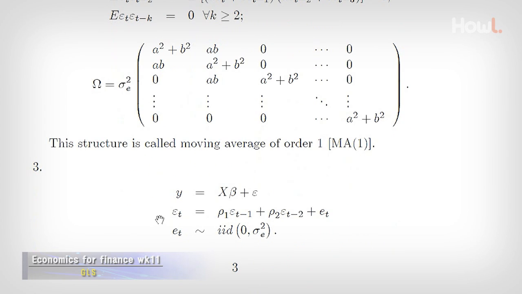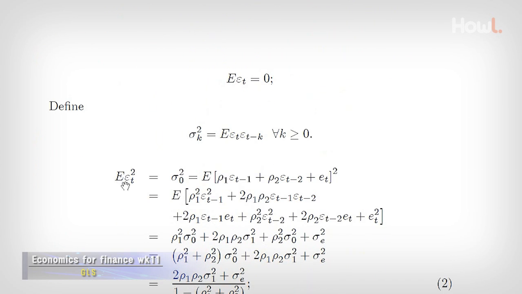Now this model is interesting. So y is expressed plus epsilon, and now we have epsilon t, epsilon t minus 1 and epsilon t minus 2. So the error term from 2 periods ago still affects today's error term.